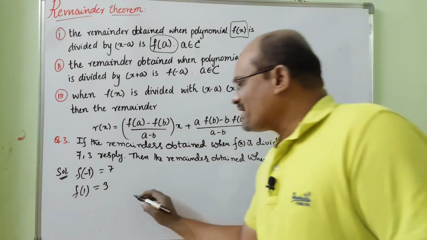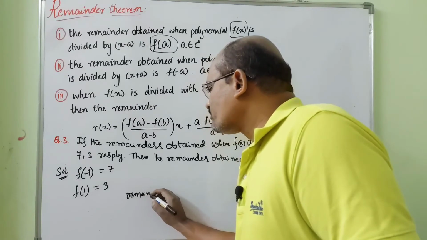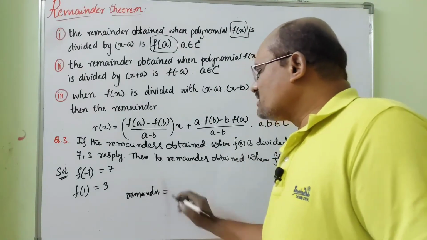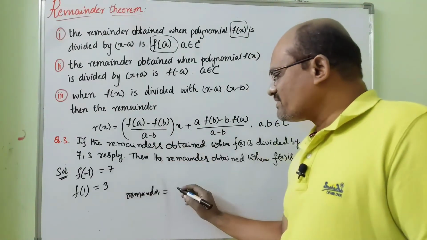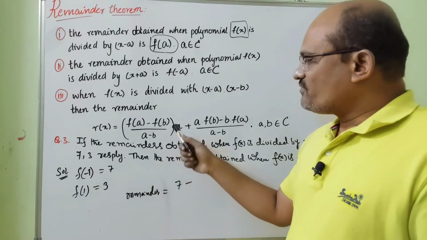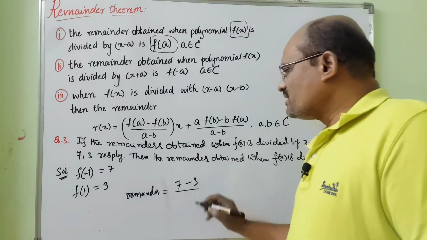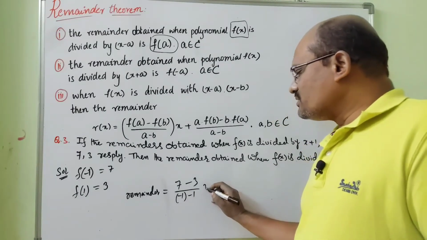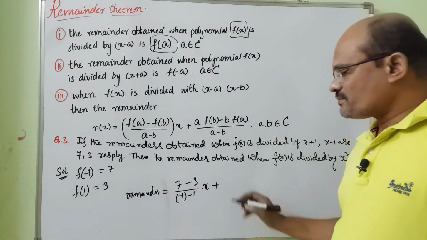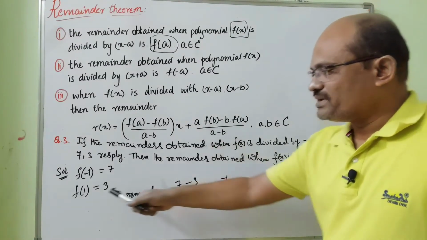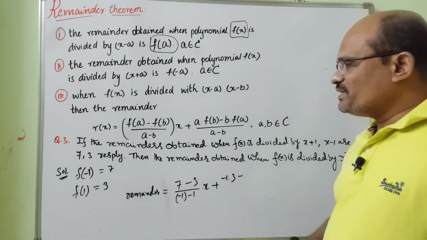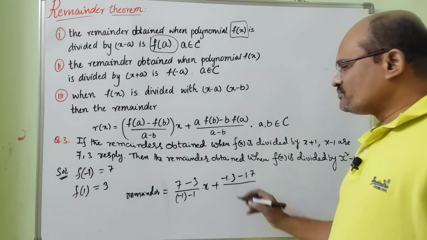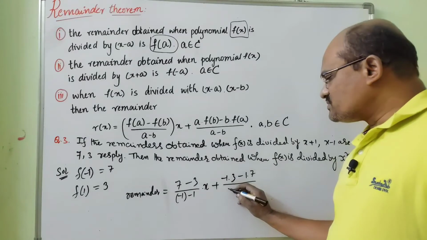According to the third concept, the remainder is, applying this formula, f of a is 7 minus f of b is 3 by a minus b, minus 1 minus 1, into x plus a into f of b, that is minus 1 into 3, minus b means 1 into f of a, 7 by a minus b, minus 1 minus 1.